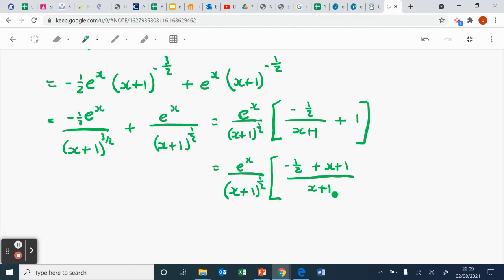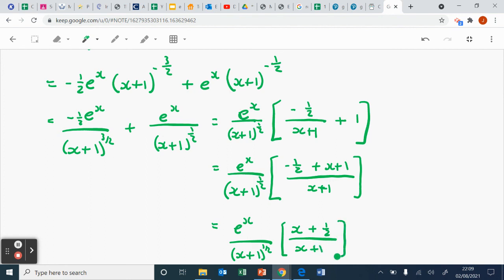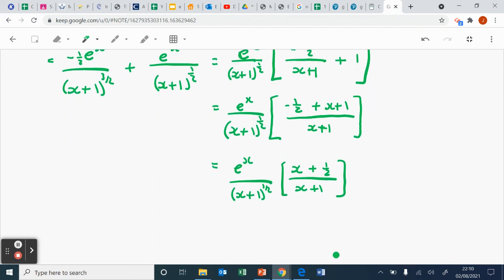If you're not sure about that yourself, just consider this as algebraic fractions and maybe slow it down to add those fractions. Okay, then we have e to the power of x over x plus 1 to the power of a half. And then here we have x, 1 minus a half is a half, so plus a half over x plus 1. Okay, and that is actually quite good.